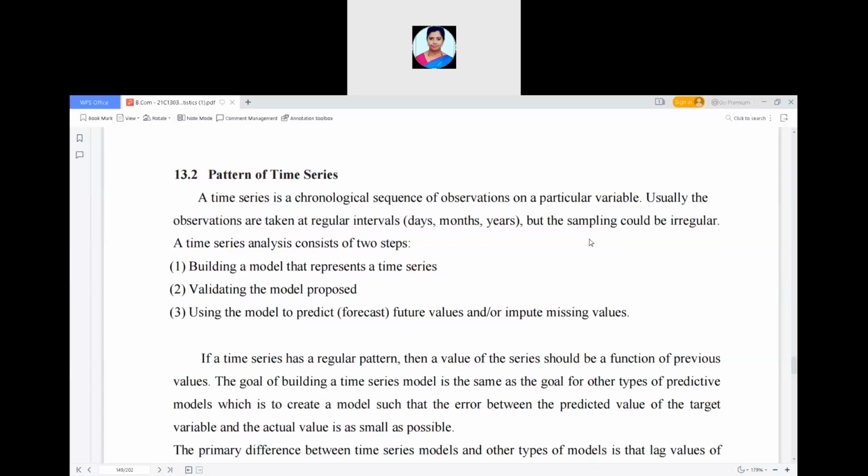One is building a model that represents the time series and validating the model proposed, and using this model, we are going to predict the future values. Or we are going to predict missed values, or impute the missing values. These are the things we have under the pattern of time series.